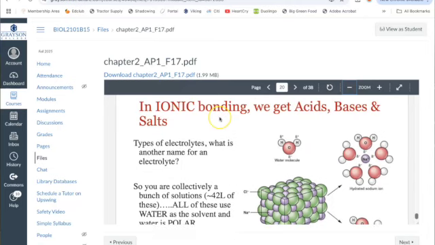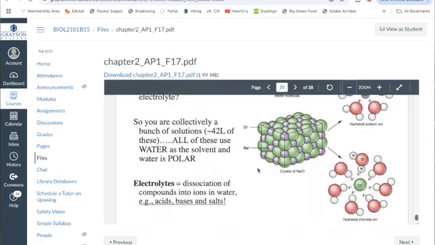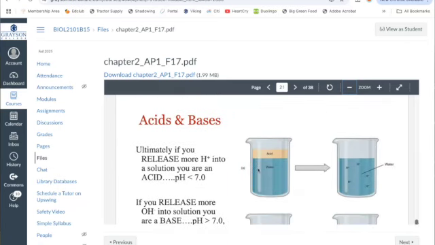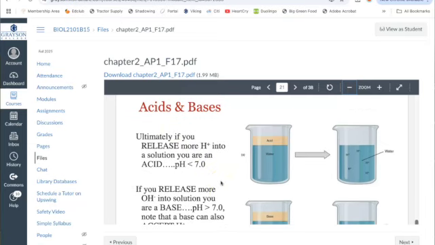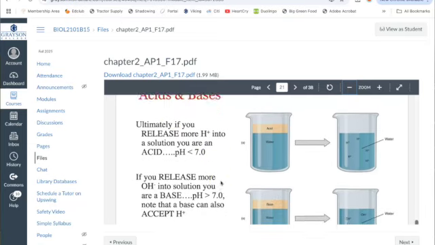So in ionic bonding, we get something called acid and base and salt. Okay. And let's look through here. What is an acid and what is a base? Okay. Acid, of course, we can think about something sour. Okay. Base is actually usually something salty. Okay.